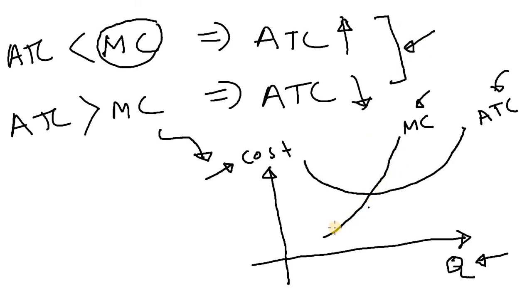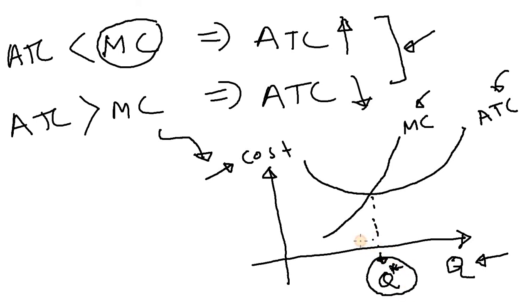Initially, when the marginal cost is low, as you can see here on this side, let's call this point Q star. It can be 10, it can be 20, depending on the business.